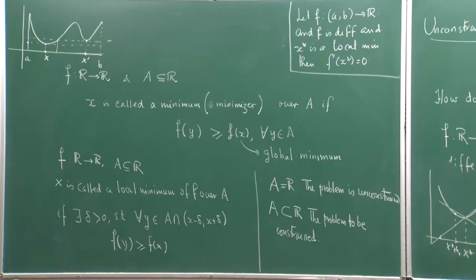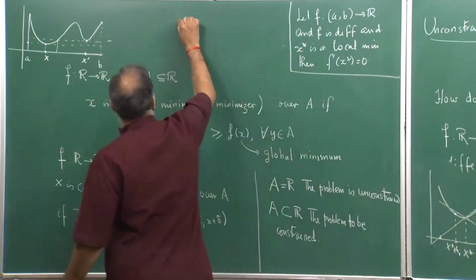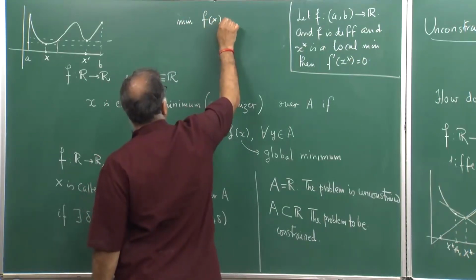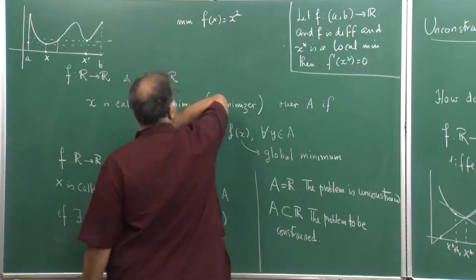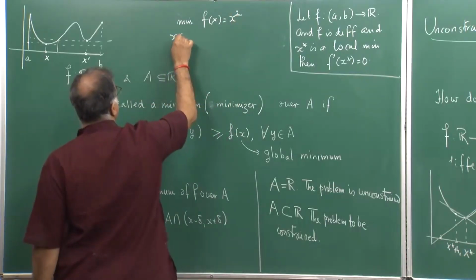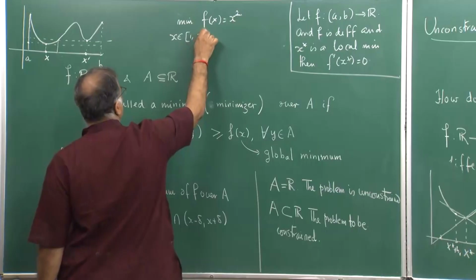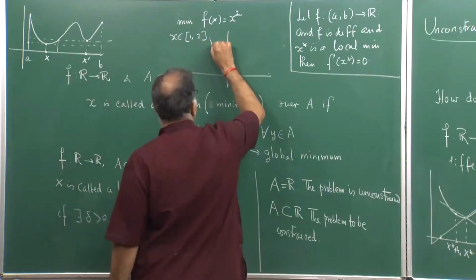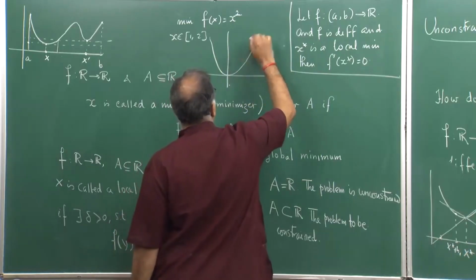Suppose you want to find the minimum value of f of x equal to x square, y equal to x square, over x belonging to the interval 1, 2. You very well know that we can draw the graph of this, y equal to x square.